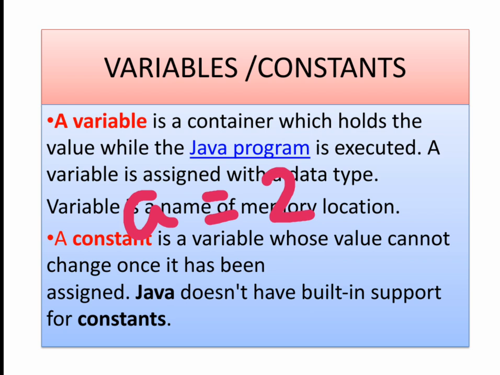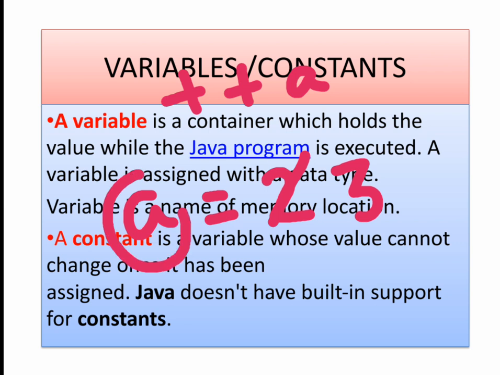Suppose we are using ++a. I hope you have already gone through the last video in which we used the increment operator ++a. So what does this mean? A's value is changed to 3. Remember, a's value will be increased by 1. So what is happening actually?